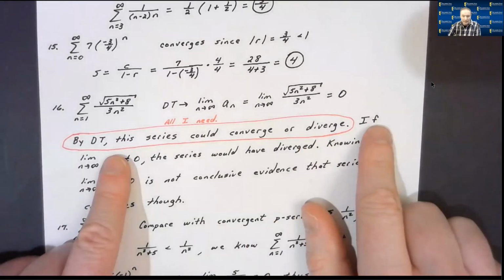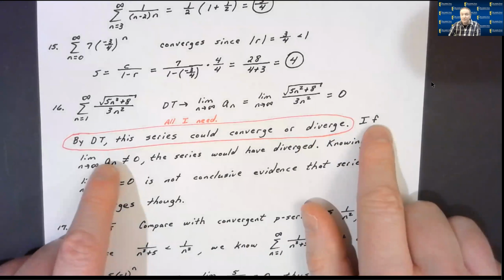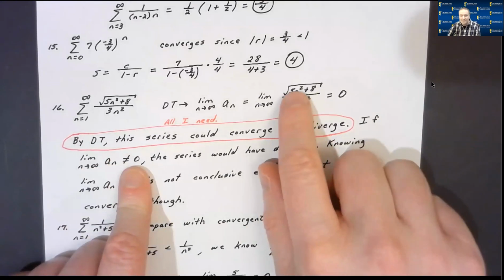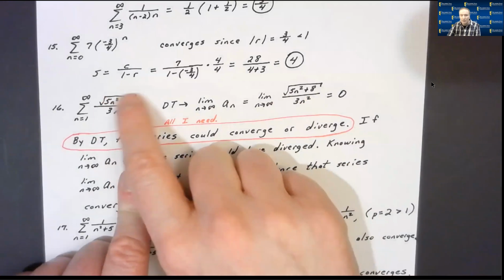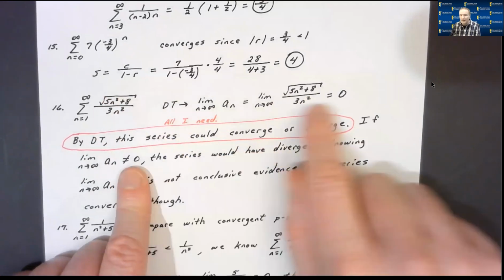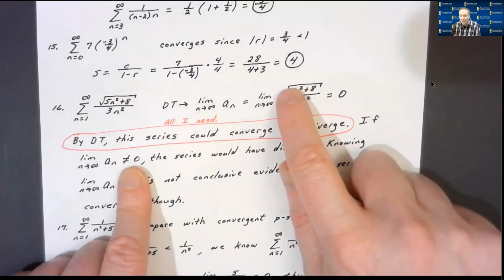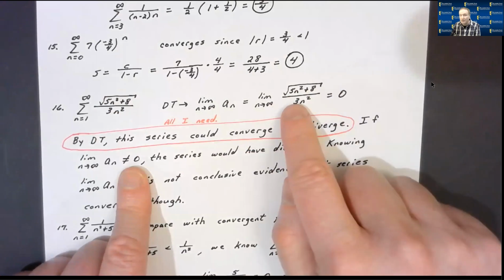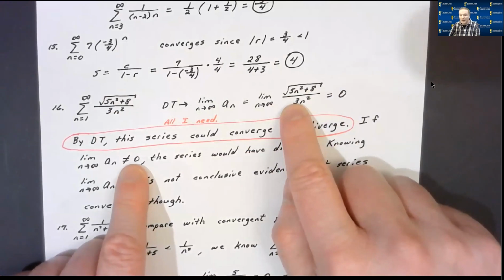Now, reading into it a little more, if that limit had not been 0, for example, what if I had said this was the square root of 5n to the 4th plus 8 over 3n squared? Had this been an n to the 4th inside the square root, your limiting value would have been the square root of 5 over 3. And then in that case, you'd have said, hey, the limiting value is not 0.